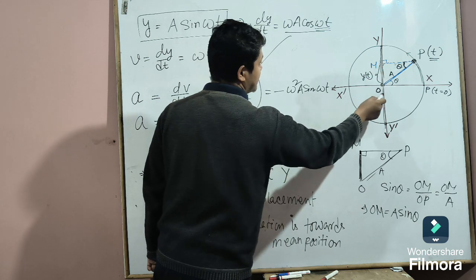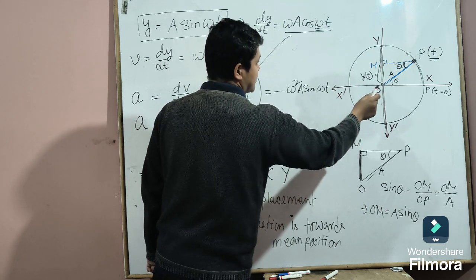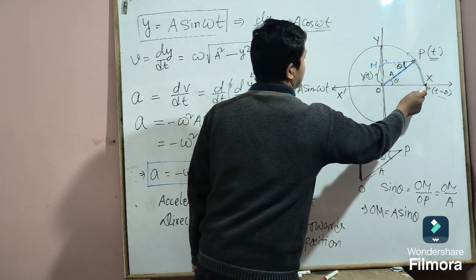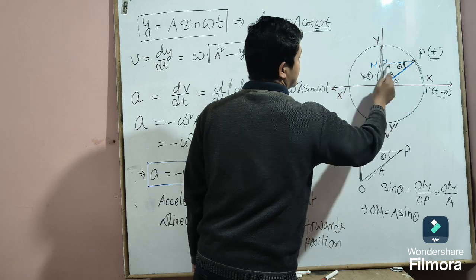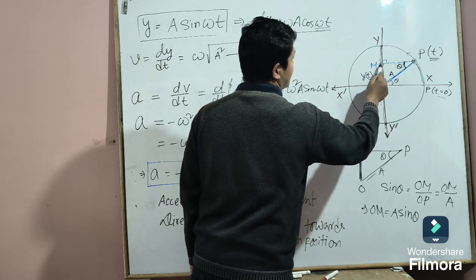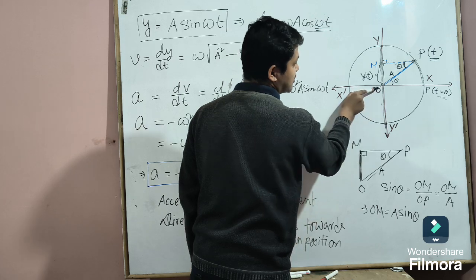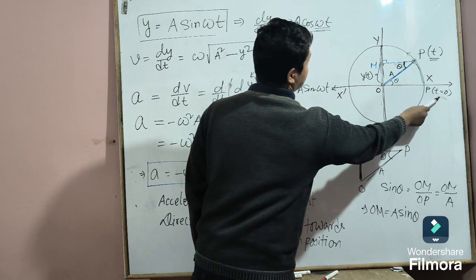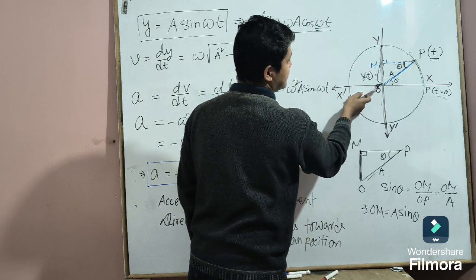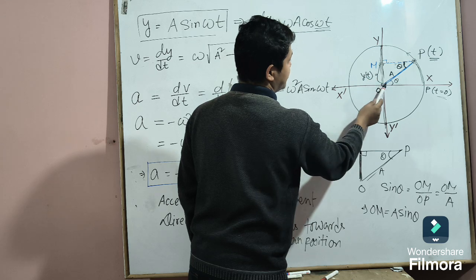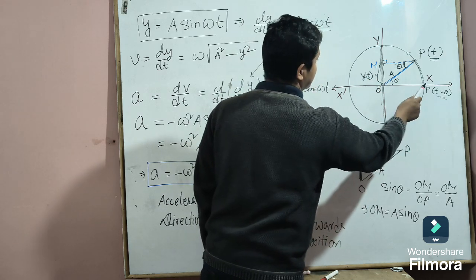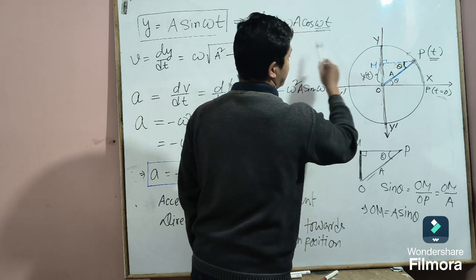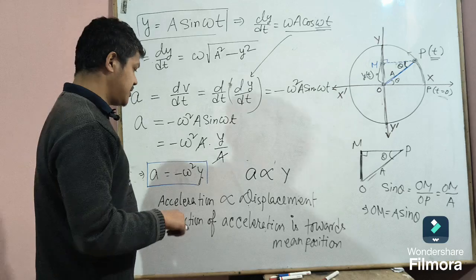So when t is equal to 0, when this particle P is at this position, the M must be at O. When this particle is on the x-axis at t equal to 0, this M must coincide with O. That means at t is equal to 0, P was at rest. So this position is the mean position for this M. So hope you have understood this.